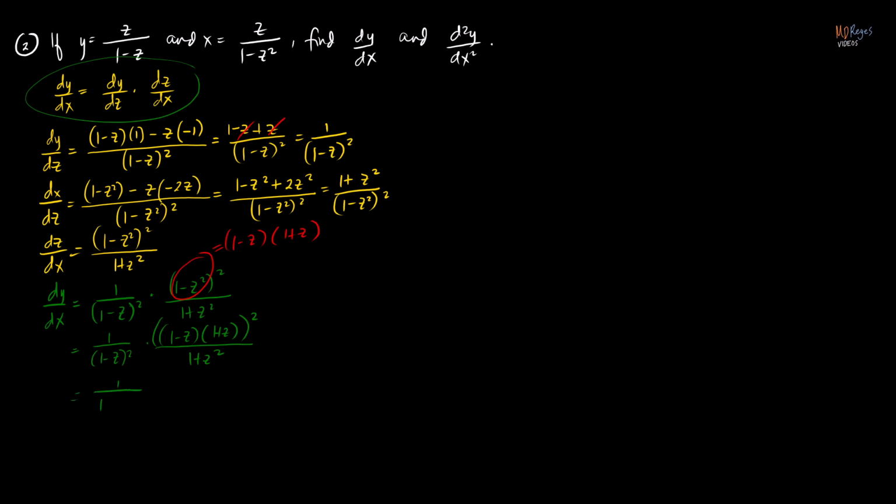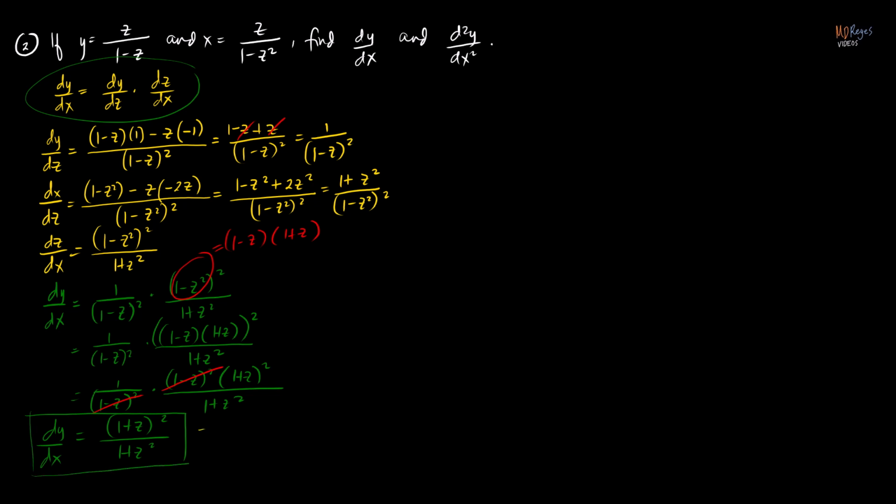So we'll have 1 over (1 minus z squared) quantity squared, times (1 minus z) quantity squared times (1 plus z) quantity squared over 1 plus z squared. Okay, now let's just divide (1 minus z squared) by itself. So this will just give us 1, and upon simplifying, we get (1 plus z) quantity squared over 1 plus z squared for the first derivative of y with respect to x.